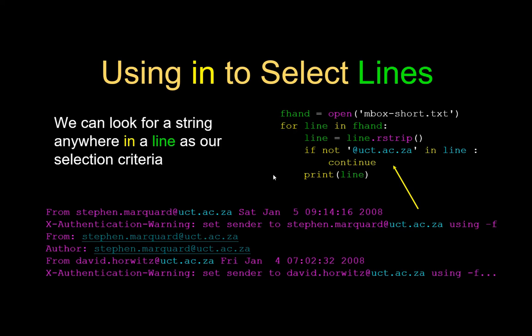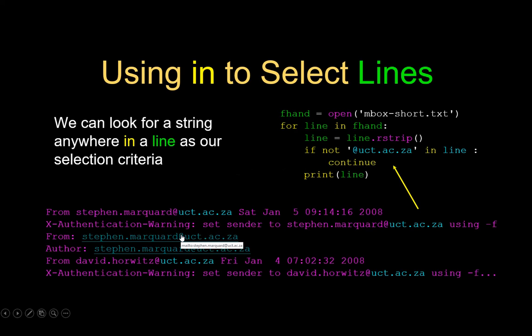For each line in the fhand, we get rid of the \n at the end using the rstrip function, and if that line does not include uct.ac.za, we go back to the next iteration. If it does contain this phrase, we will print it.